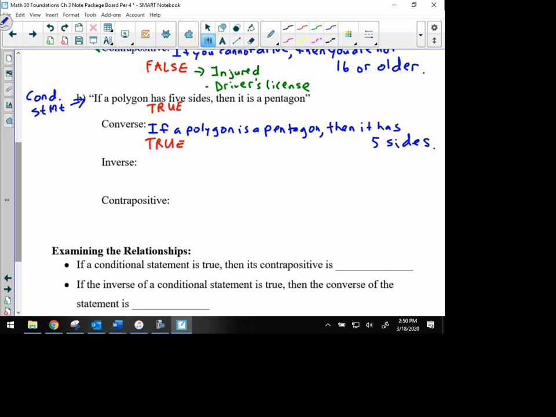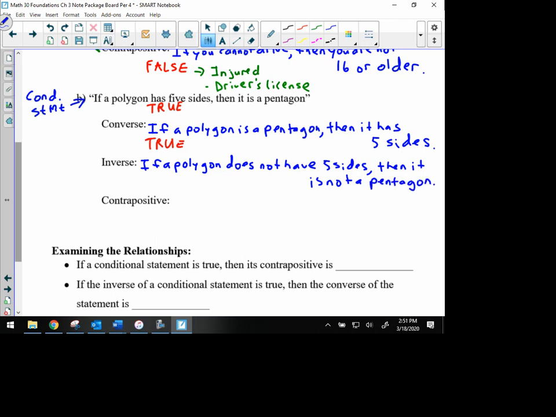The inverse, back to the conditional statement, remember that's when we're putting the nots on. So we're taking this and adding the not for the inverse. If a polygon does not have 5 sides, then it is not a pentagon.